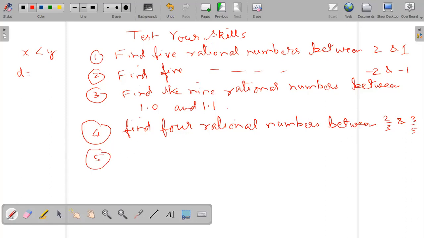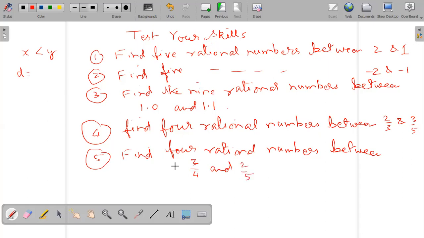And last question: find again 4 rational numbers between 3 by 4 and 2 by 5. How will you check which is greater?